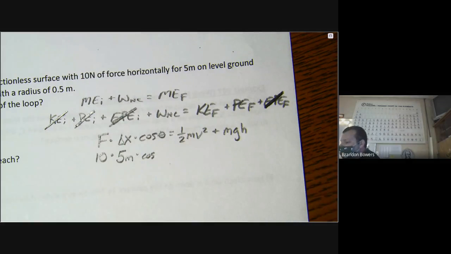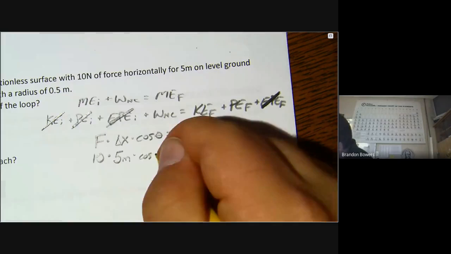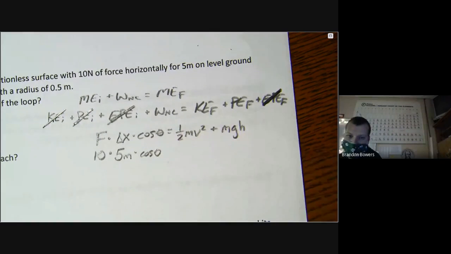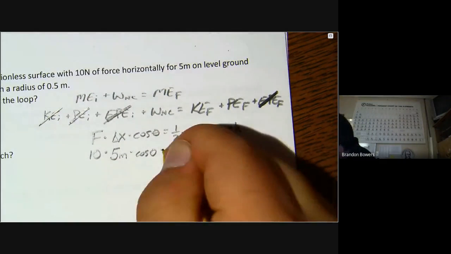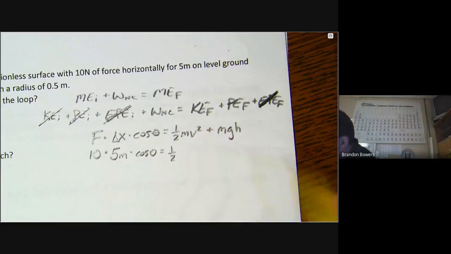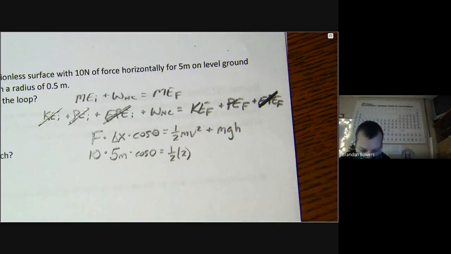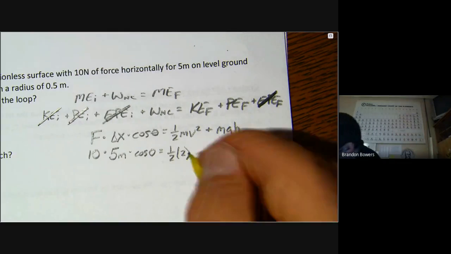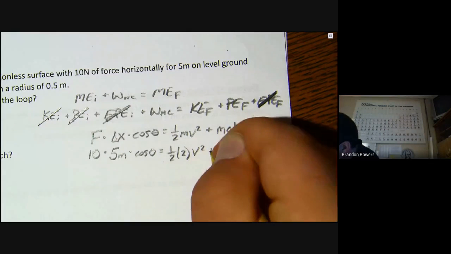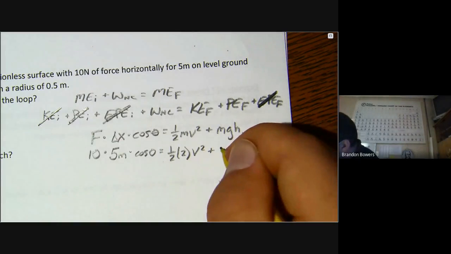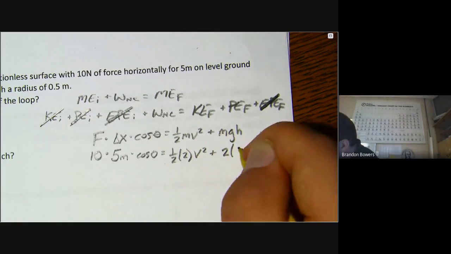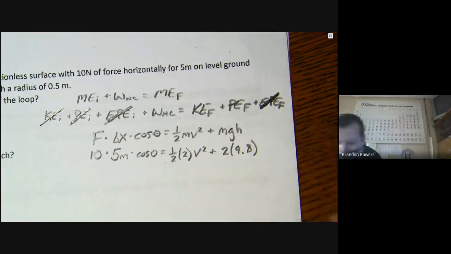So what's our angle? 0. Okay, so there's that. Is equal to half the mass. My mass is 2. Velocity squared. I don't know that yet. Plus mass, which is 2, times gravity, which is 9.8, times the height.